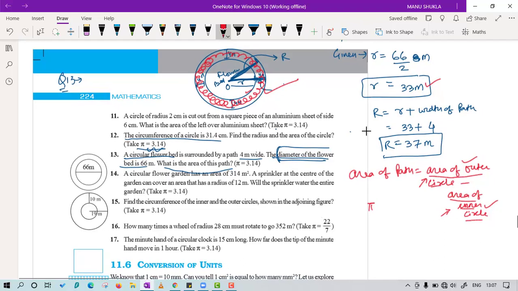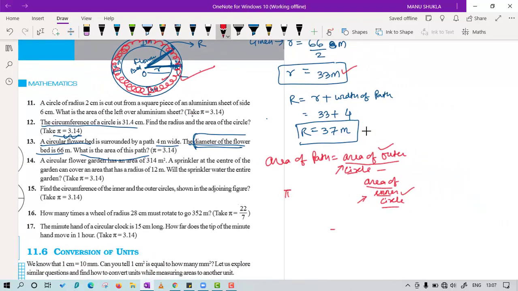Okay, let's see. So area of outer circle is pi capital R square minus inner circle area is pi small r square. That's it. Now, as I told you, the benefit is we have same pi. Now I can take it common. This benefit you will not get if you solve them separately.